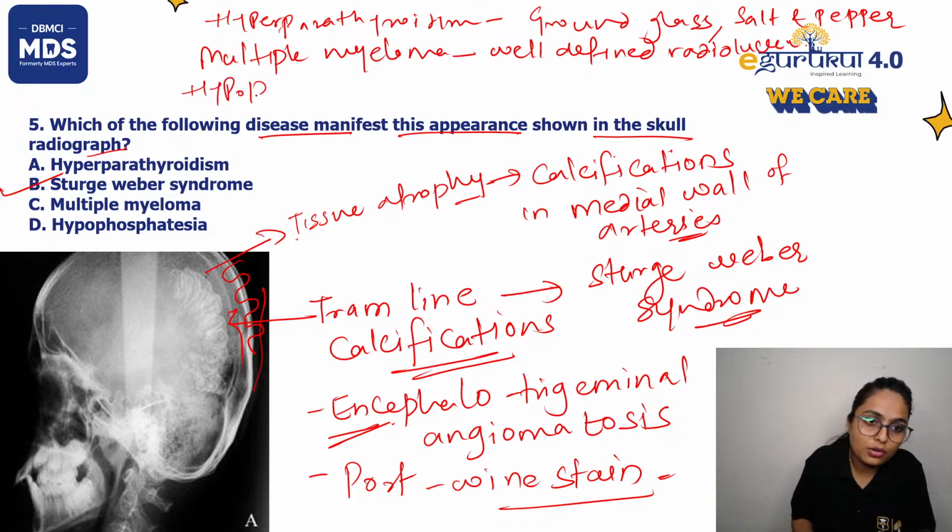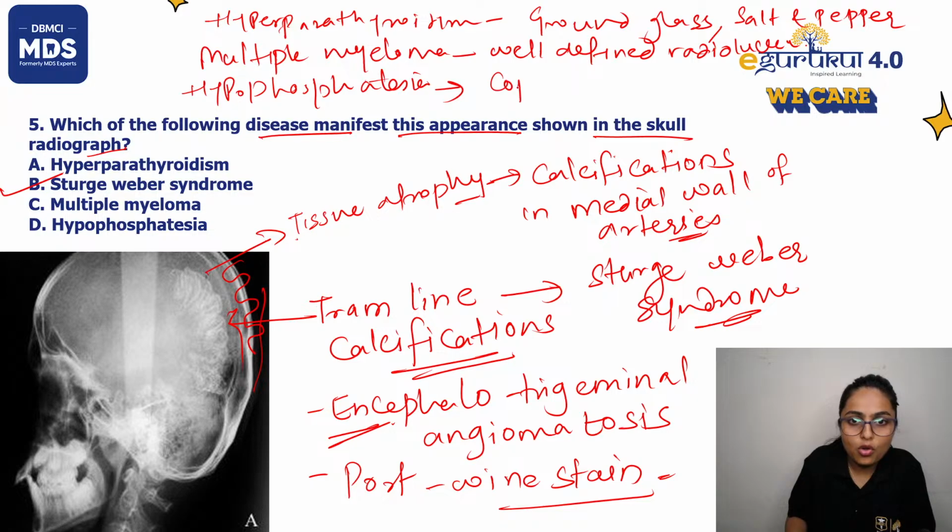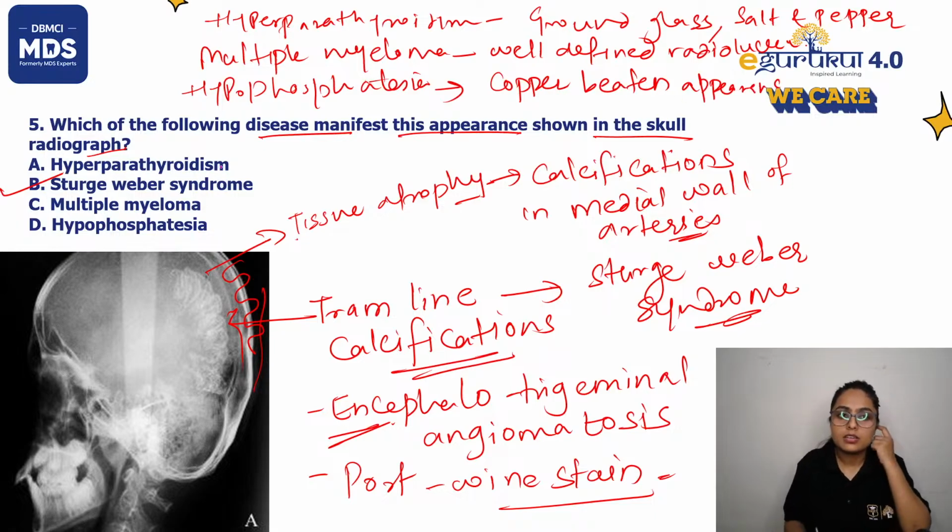Hypophosphatasia will show copper beaten appearance. So this kind of questions will be asked most frequently, so be thorough with this kind of questions.